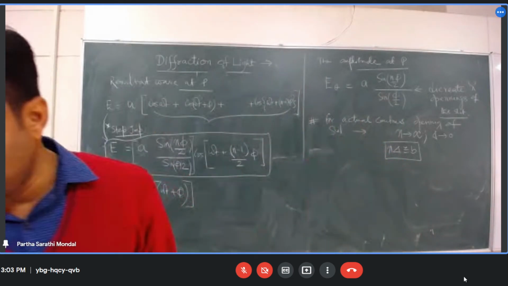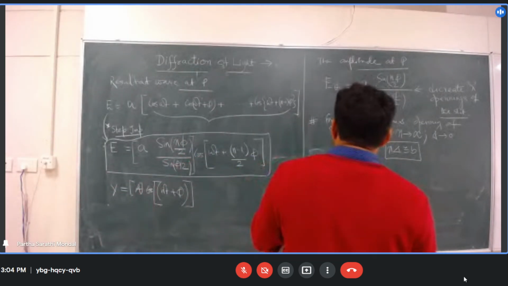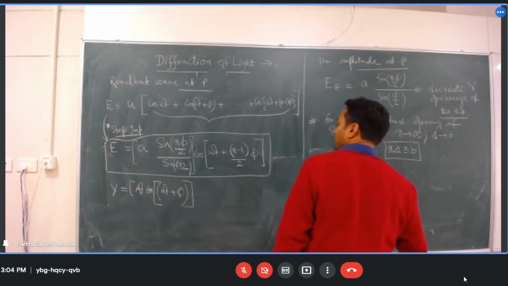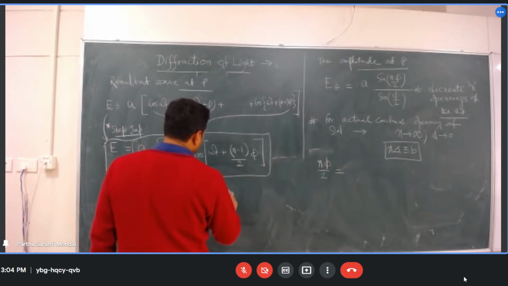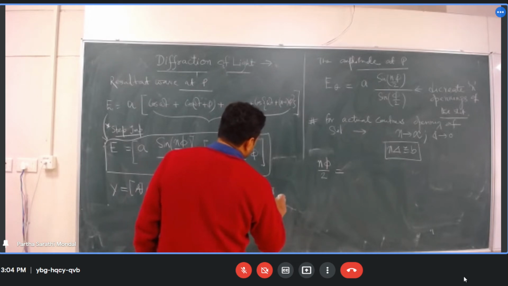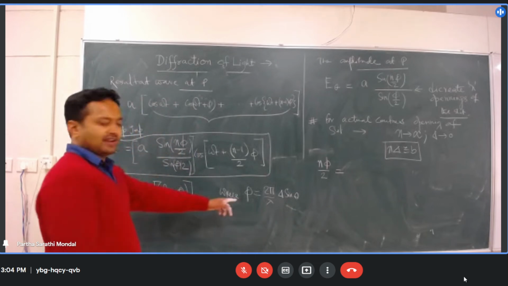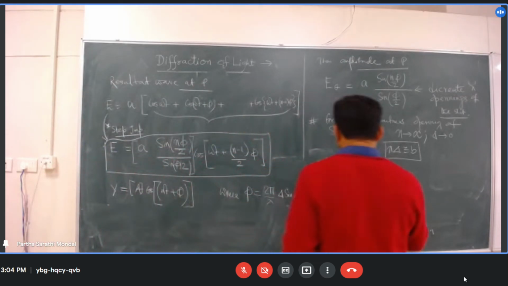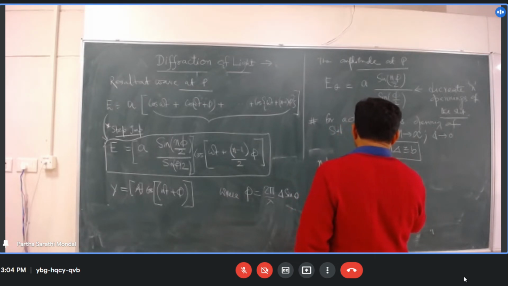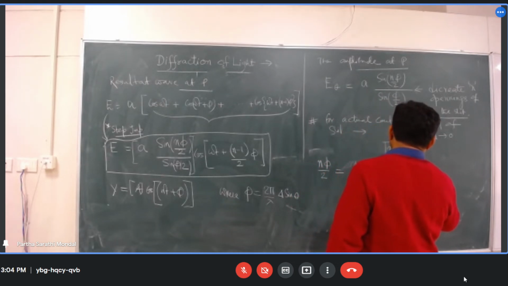So now we'll take one by one. Let's take nφ/2. What is the value of φ? φ equals 2π/λ into delta times sin theta, isn't it? This is your φ. So now if I put it here, n/2 into 2π/λ delta sin theta.